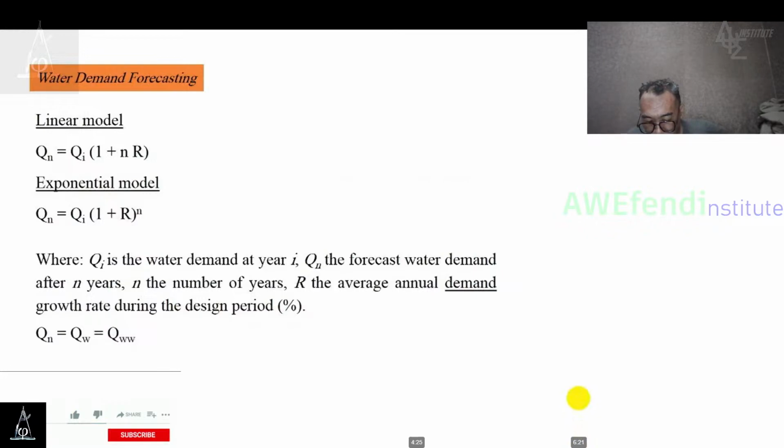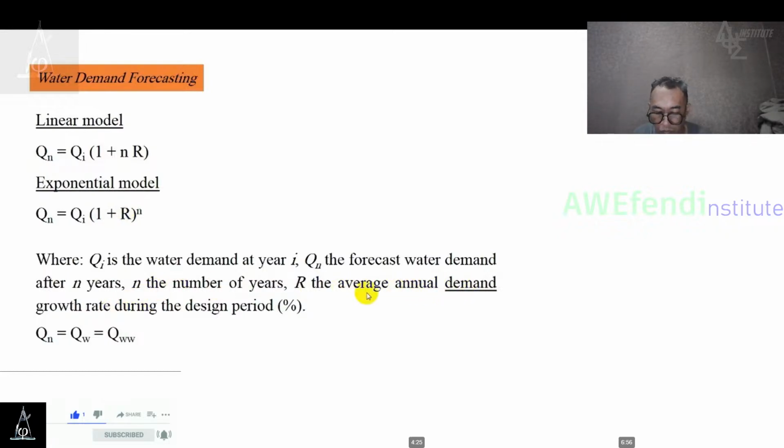Water demand forecasting. Here we can use the same models to calculate the future water demand. Qn, which is QW, equals Qi times (1 plus Nr), and exponential model like this. But here the difference is R. R, the average annual demand growth rate.